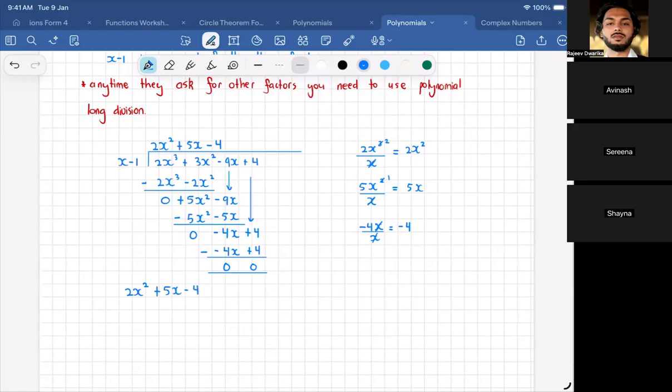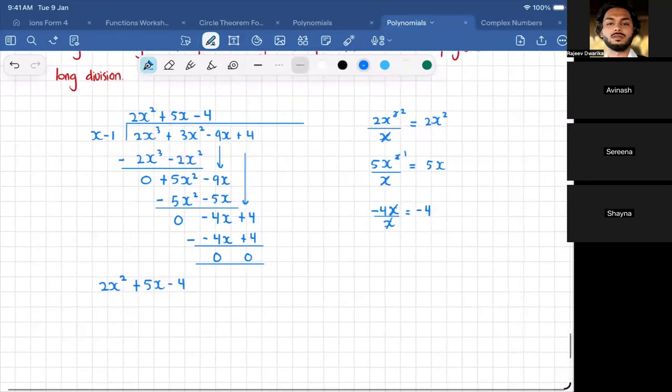Right. Is that a linear factor? Remember, linear means that the highest power of x is 1. No, sir. What's the highest power of x over there? 2. The highest power of x is 2. Oh, okay. Right? So that's not a linear factor.